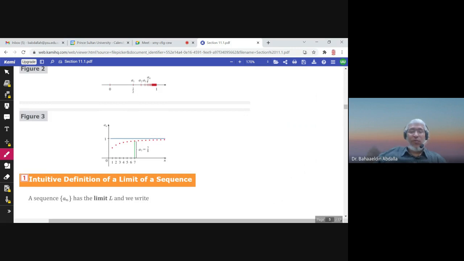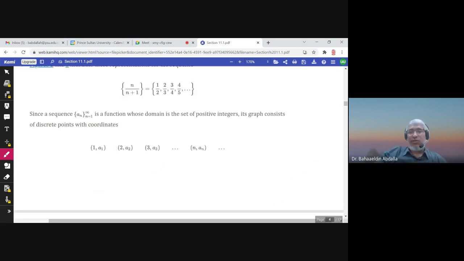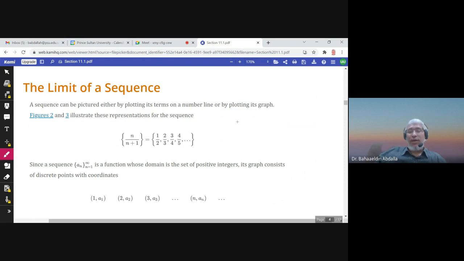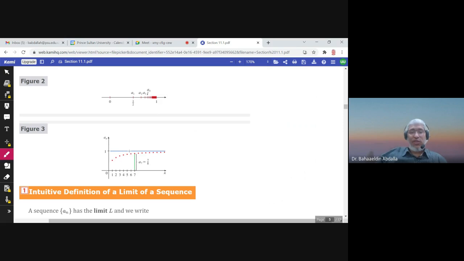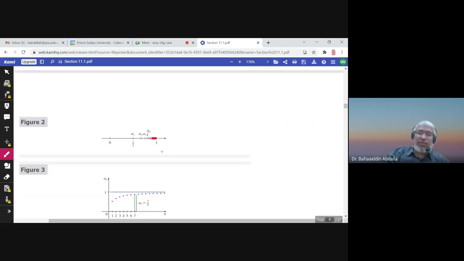Also, if you plot the points of the sequence, the graph looks like this. So this is the number 1. This is A1, half, A2, A3, A4. A7, for example, is 7 over 8. So you can notice that this sequence is approaching the number 1.